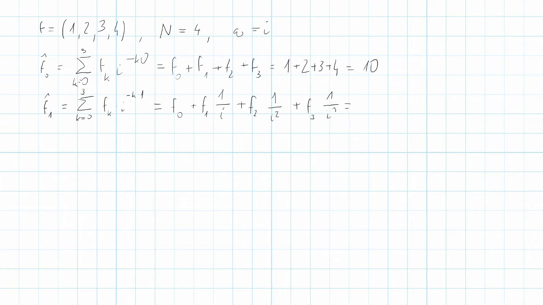So what is this? It's 1. Now 1 over i is minus i, so it's minus 2i. f2 is 3, i squared is minus 1, 1 over minus 1 is minus 1, so it's minus 3. And 1 over i cubed is i again, so it's plus 4i.